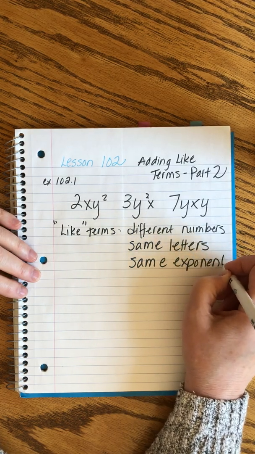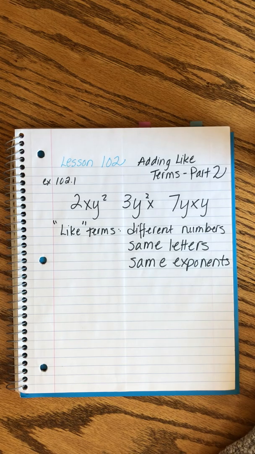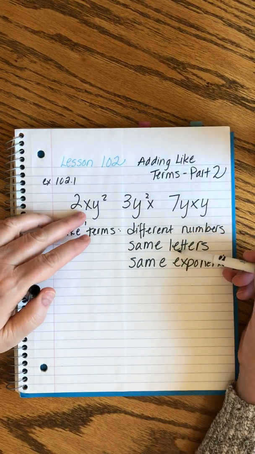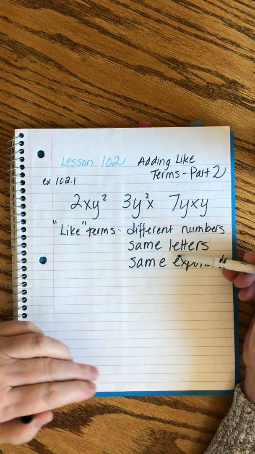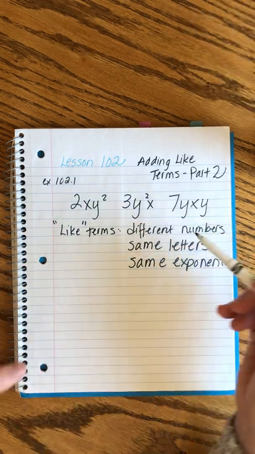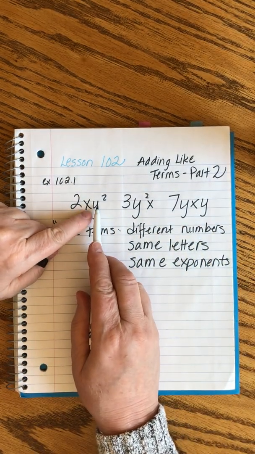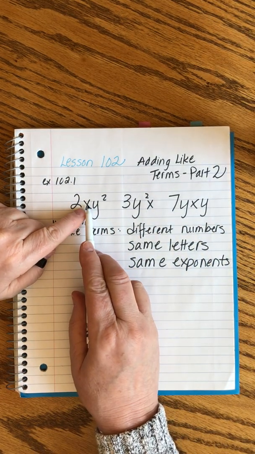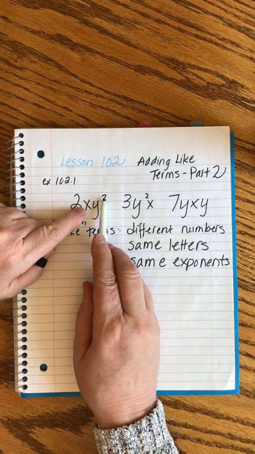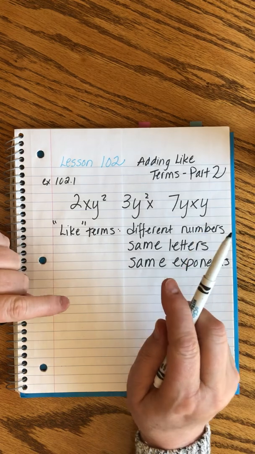I'm not writing this out in completely accurate language, but you know what I mean. The numbers on the front can be different, but we have to have the same letter variables, alpha variables, with the same exponents. So in this one, there's a y squared and the x is just to the first power. The y squared has to be the same in all the terms.